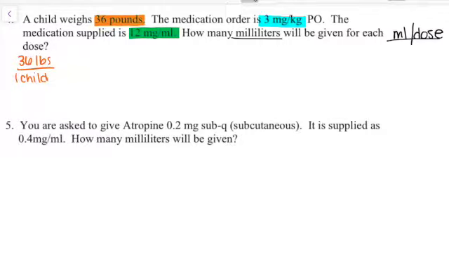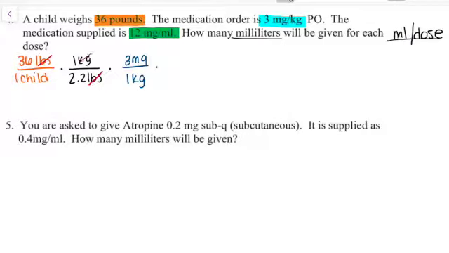The order goes off of milligrams per kilogram, so let's convert the pounds to the kilograms. So 2.2 pounds is equal to 1 kilogram. So cross cancel. Okay, and then we have an order for 3 milligrams per kilogram. So 3 milligrams per 1 kilogram.